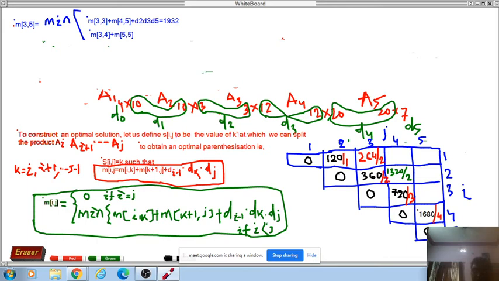Then it will be D2, D4, D5. Very good. Understood? The value is 1140. Which is minimum? 1140 is minimum. You took this value as minimum. What is my k then? k is 3.